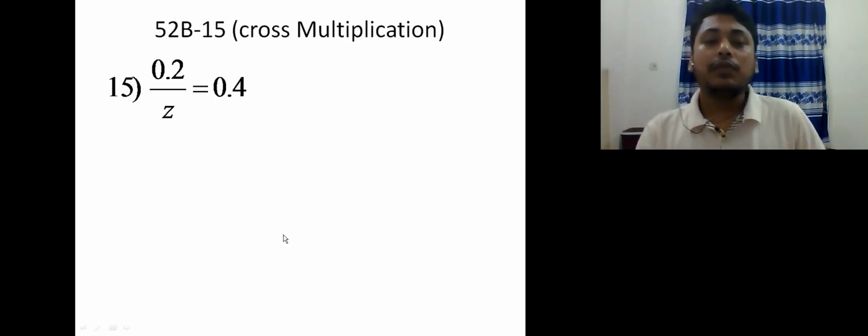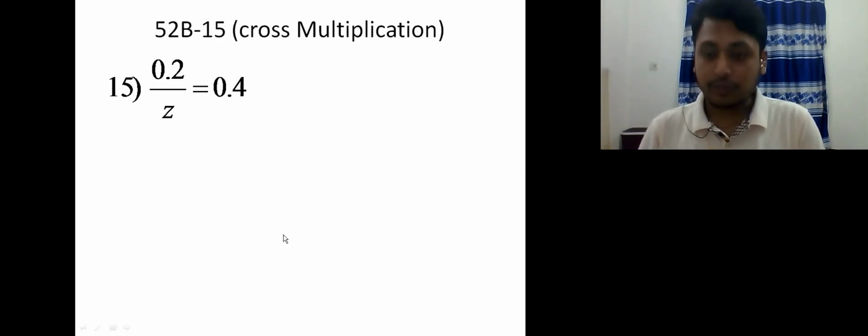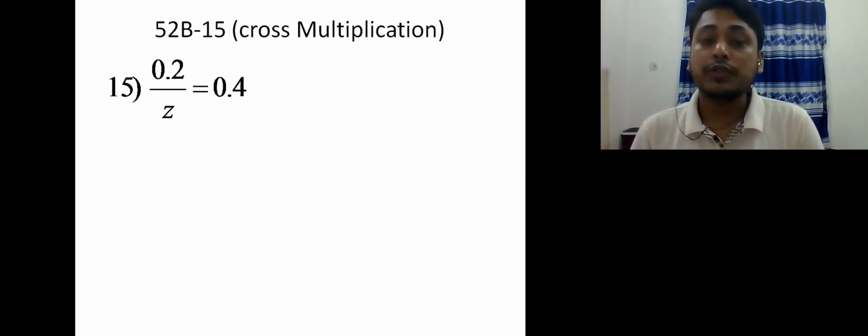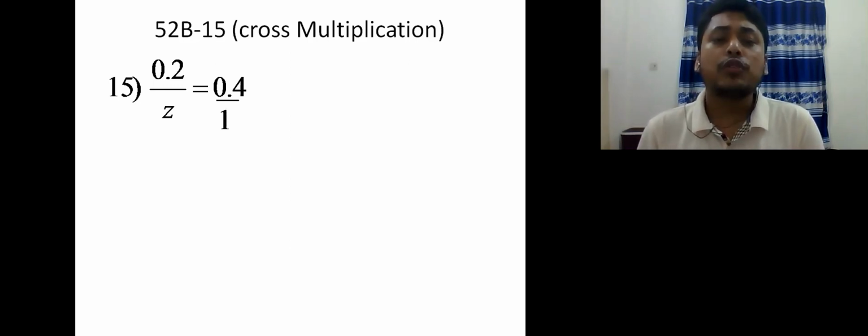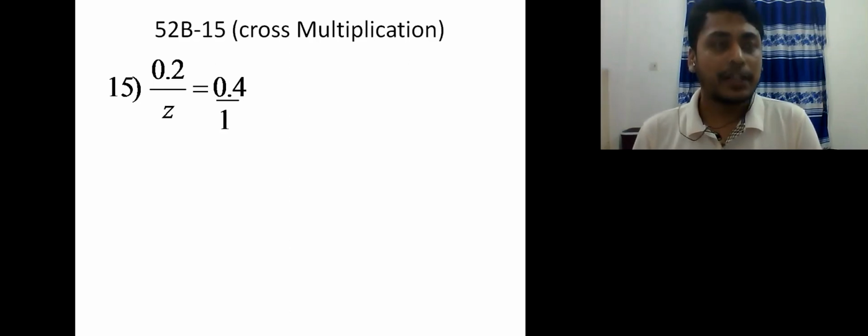Now we are going to our actual maths. 0.2 divided by z equals 0.4, and you know that every number has a denominator 1, so we can write 0.4 by 1. Now 0.2 and 1 will be multiplied, and z and 0.4 will be multiplied. You can start from any corner, but we will start from z.